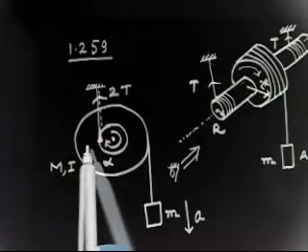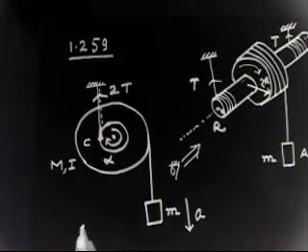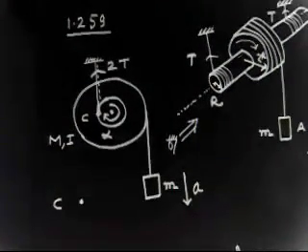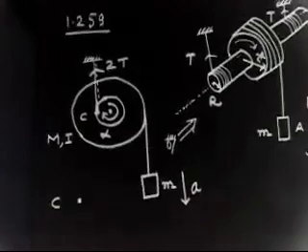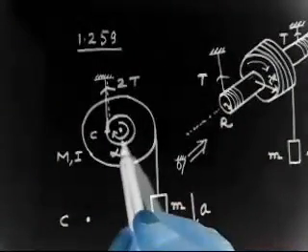Let us call this point C. So if you see point C, what is the acceleration of point C? Let us say the center of mass of this is also coming down with acceleration A2.